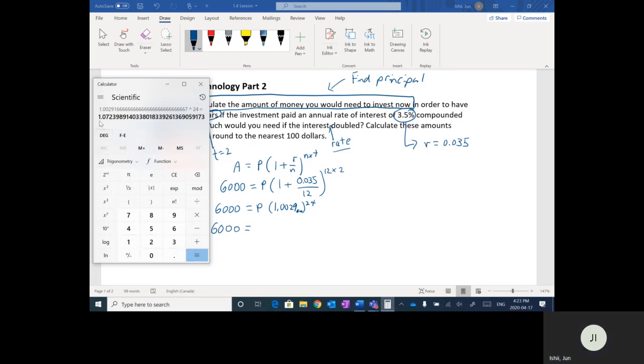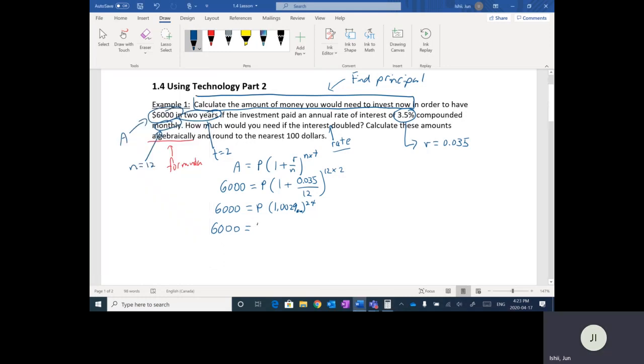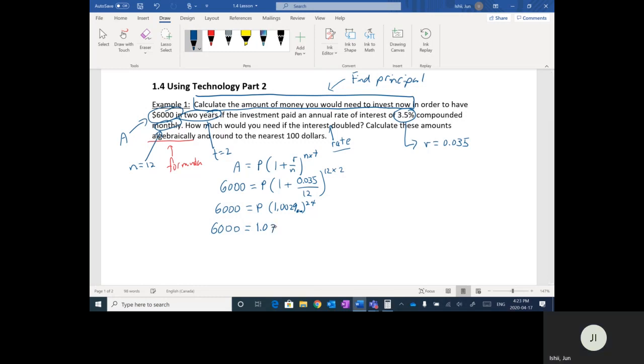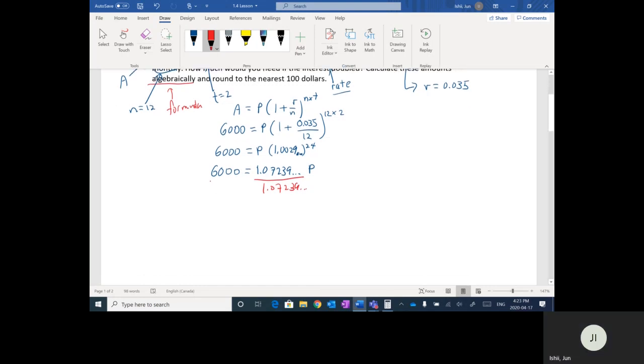And we get 1.0723, and I think there's a 9 next, dot, dot, dot, times P. To divide both sides by that, those would cancel there.